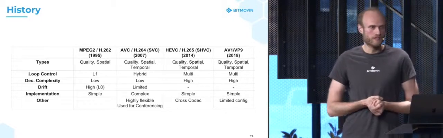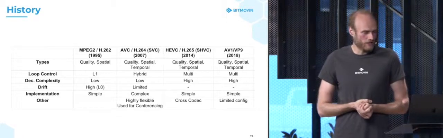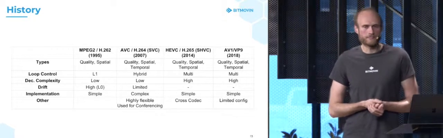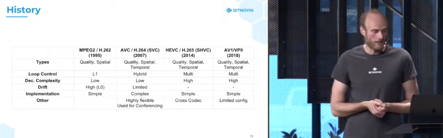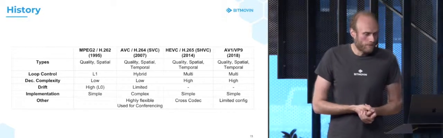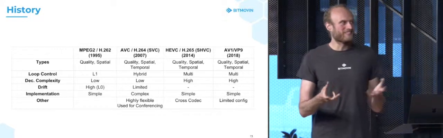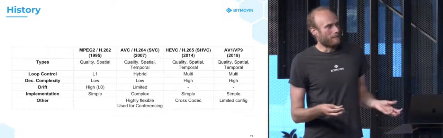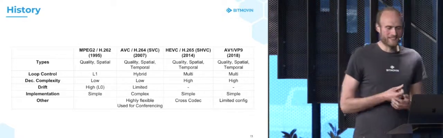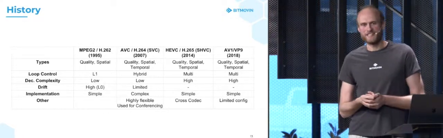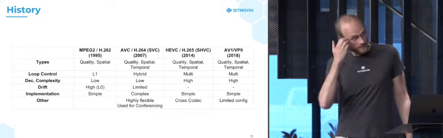So the decoder complexity doesn't increase that much. There is drift, but it can be limited and controlled very well. But of course, one of the disadvantages is that implementation-wise, it's quite complex. If you want to implement this in a decoder, then you need some good engineers to do that.